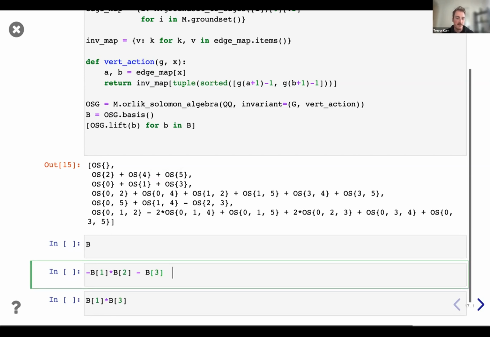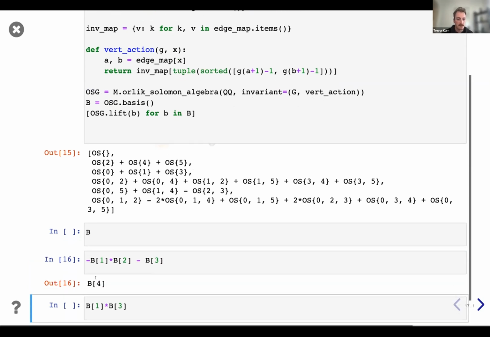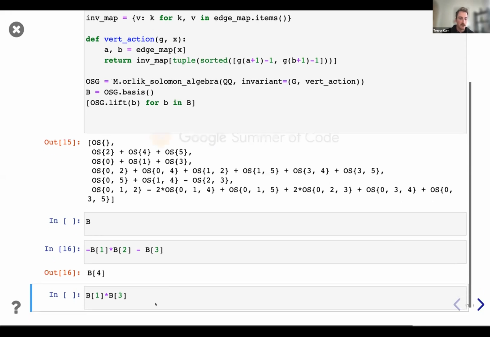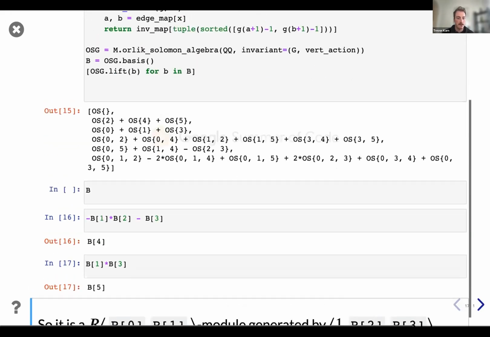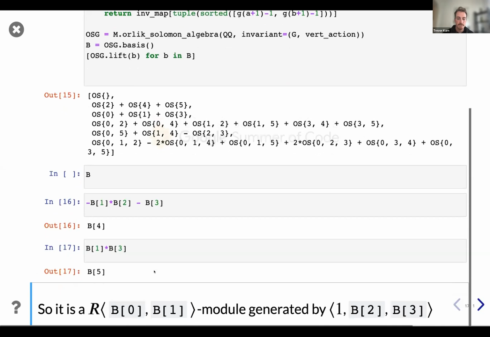So this is hard to just look at and understand things about, but once we've re-indexed it, we see that there's some sort of nice relations here. I can express B4 in terms of B1 times B2 minus B3. And I can express B5 in terms of the product of B1 and B3.